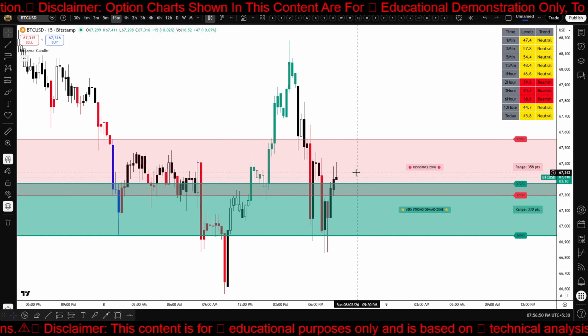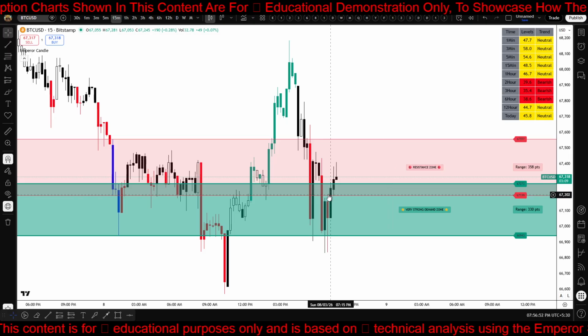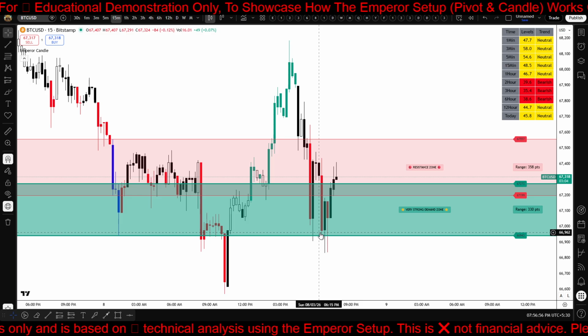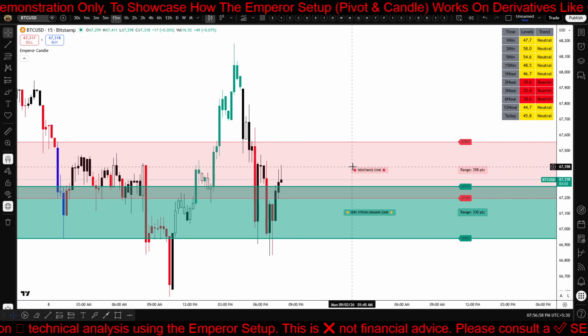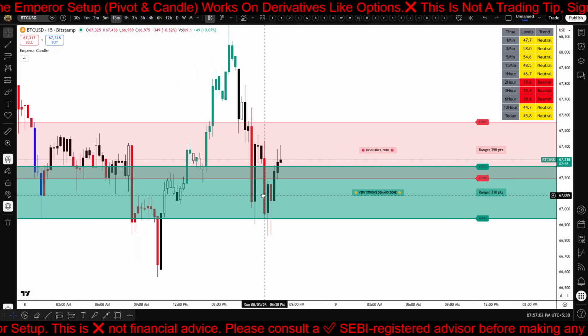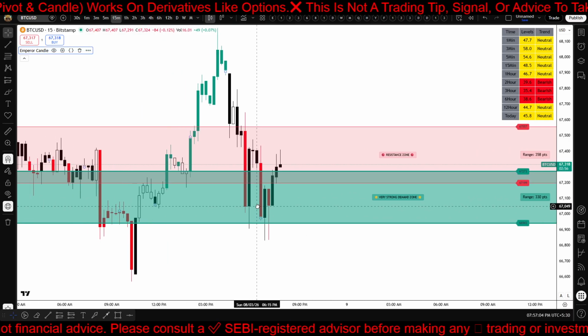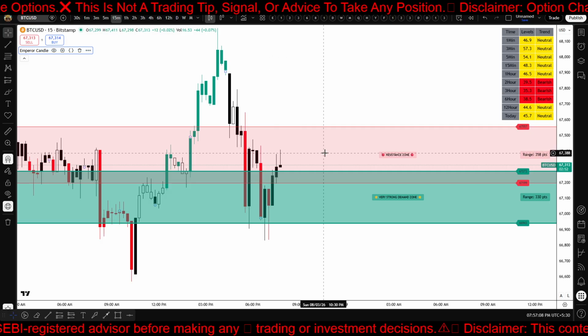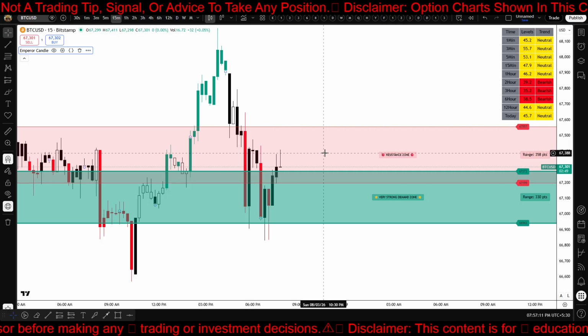But right now, the price went below this low line and closed below this low line. So at that time, this zone got marked as a resistance zone. When this red candle closed below this low line, at the same time this zone was marked as a resistance zone.